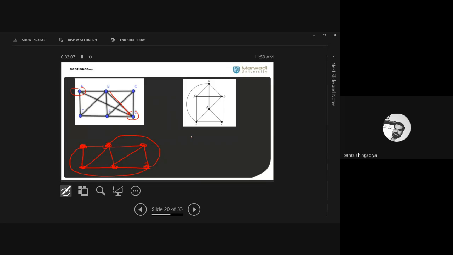Is it planar? Yes, all of you check it. What is the answer?